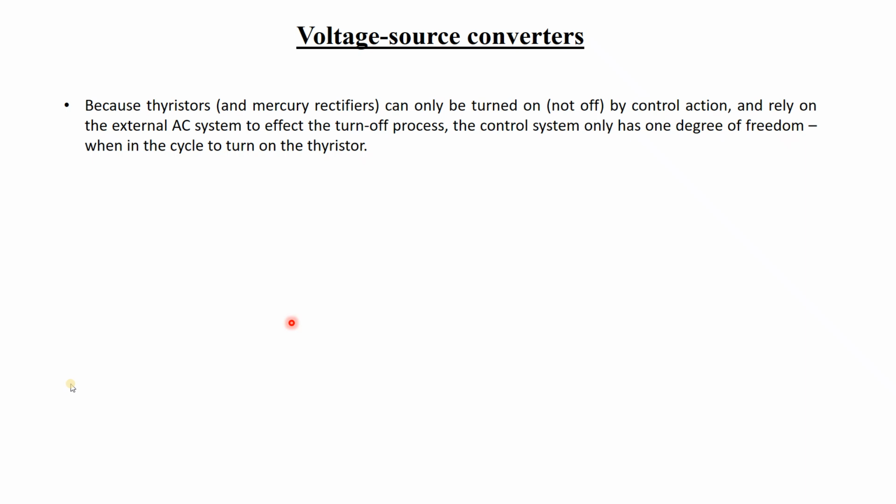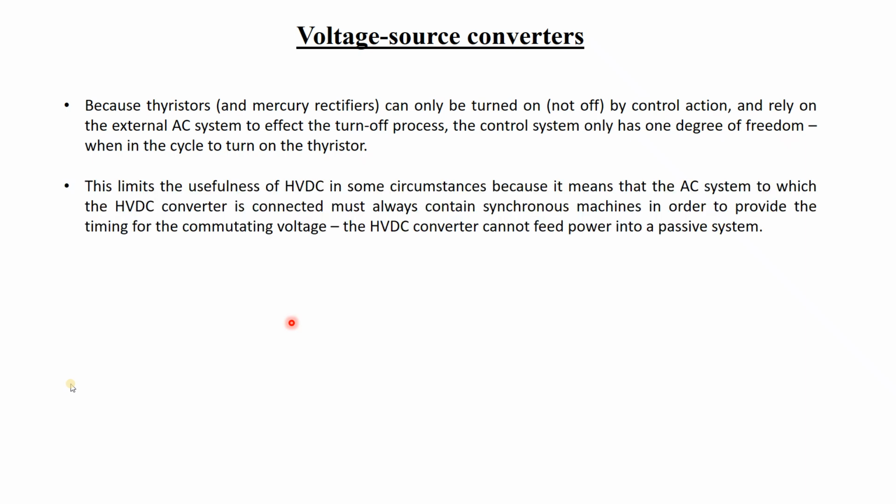The control system has only 1 degree of freedom, which is to turn on the thyristor. That means the control system for the thyristor setup is only for turning it on. The off property cannot be introduced, which is a drawback.